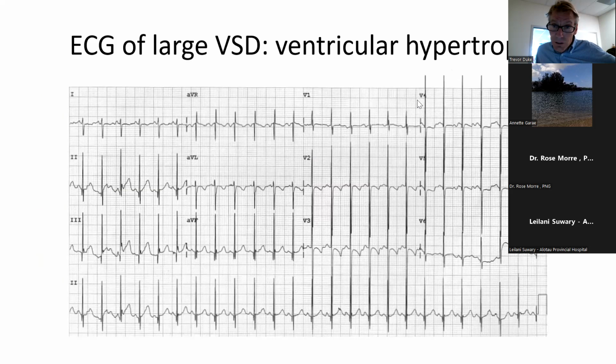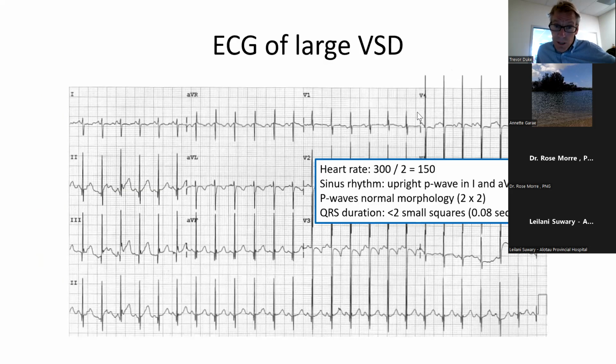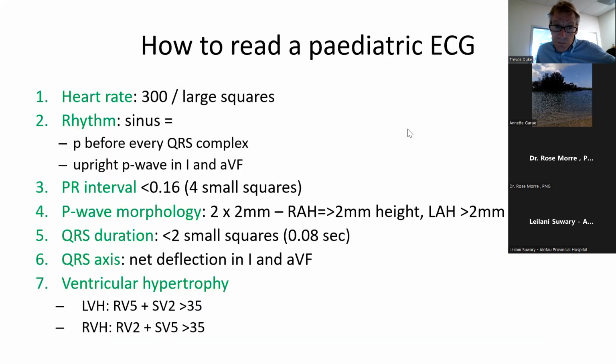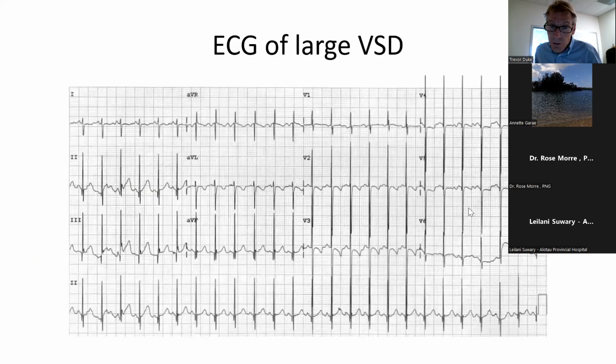There are some rules: look at the R wave in V5 and the S wave in V2 and add them together, and the R wave in V2 and the S wave in V5 and add them together.